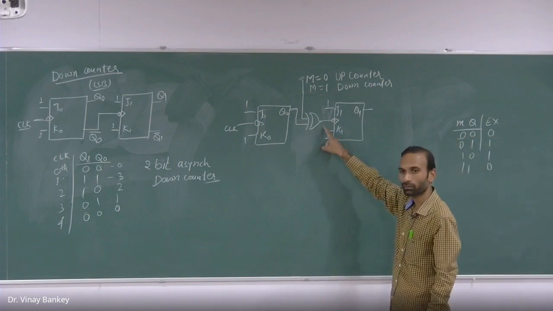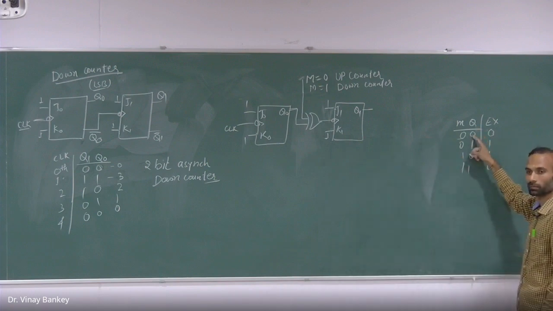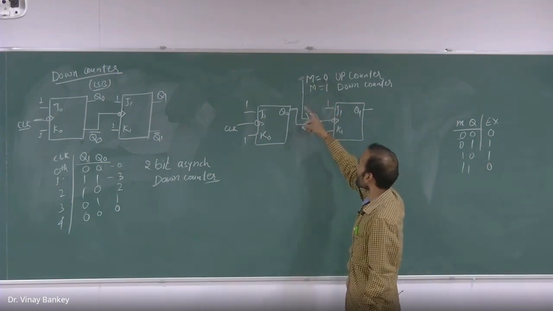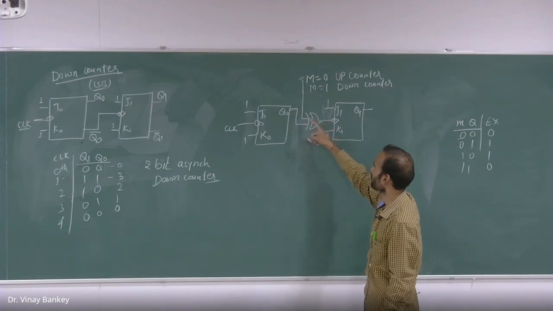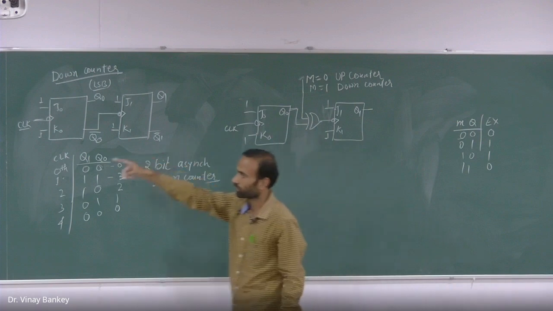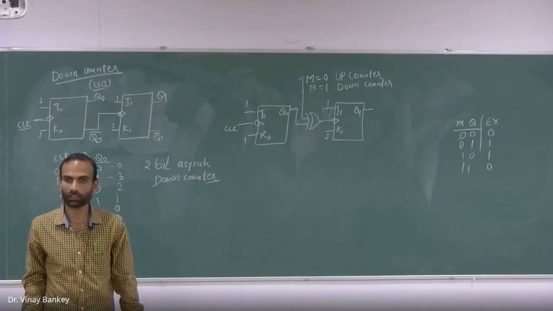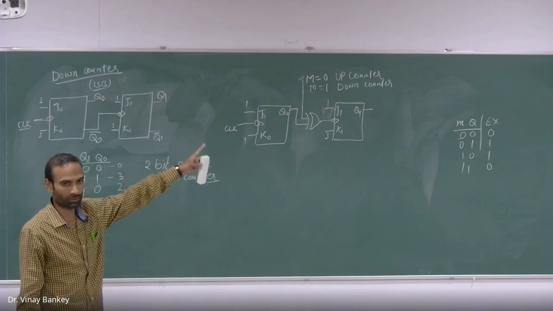Q naught. Because it will reflect whatever the input is at the second input of the XOR gate. So now when M is equal to 0, Q naught will be at the output of this XOR gate. It means we have connected Q naught as the clock pulse of the next one. So that circuit will start counting in ascending order. Correct? So this circuit will become an up counter.